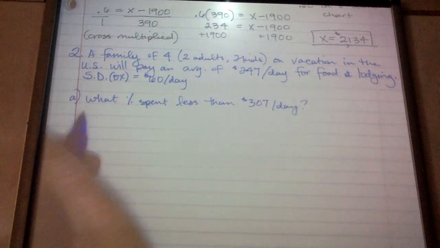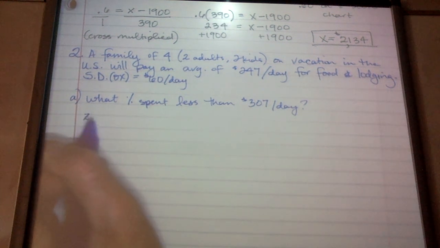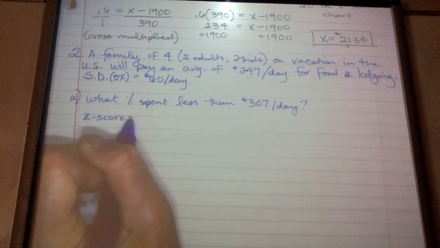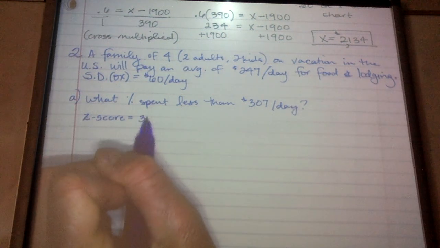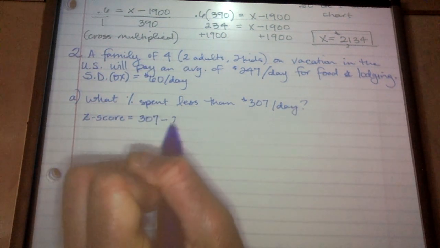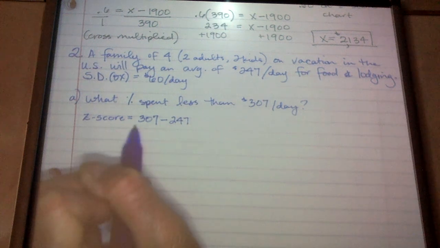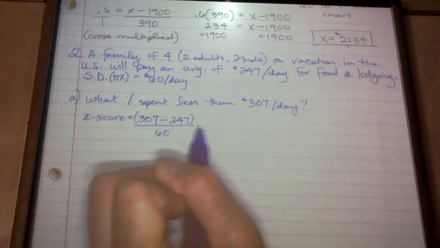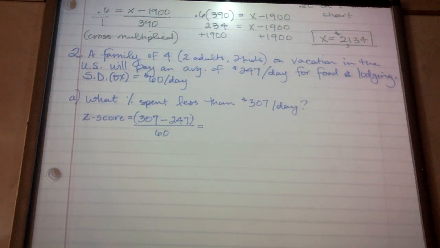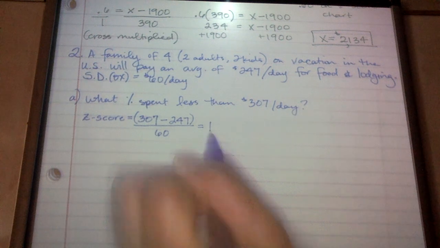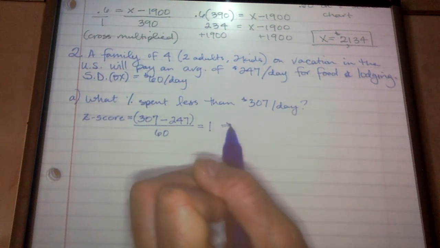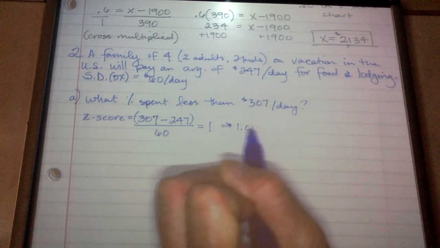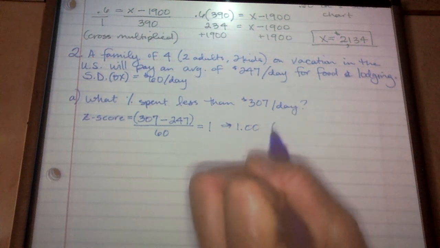So first I have to find the z-score. My z-score will equal our data minus our average divided by the standard deviation. So using your calculator, 307 minus 247 divided by 60, I got 1. Now I'm going to make that so that it has a decimal. That would be 1.00.